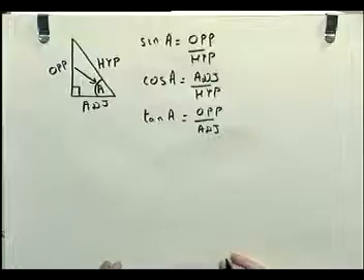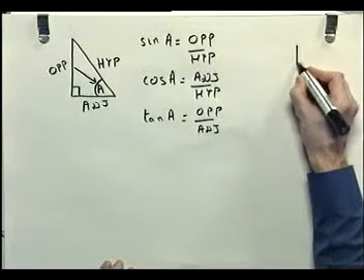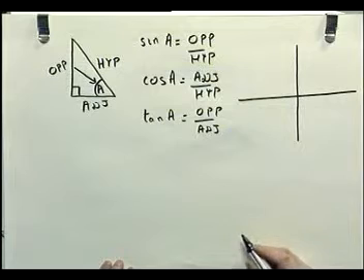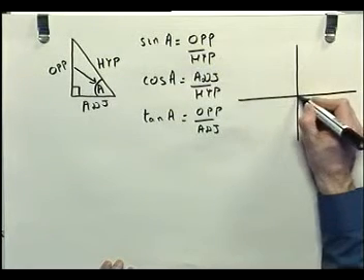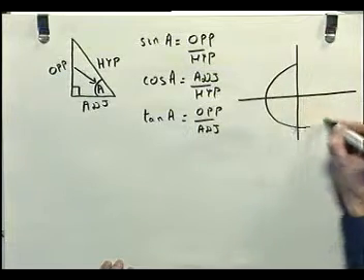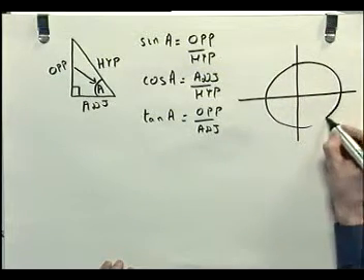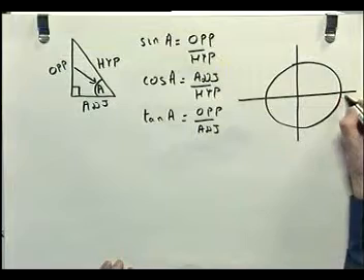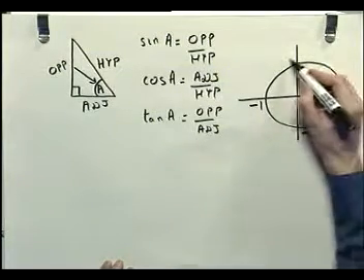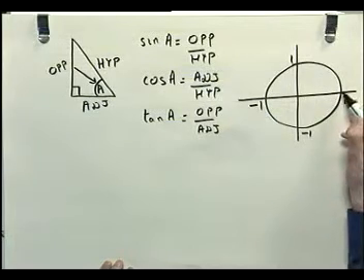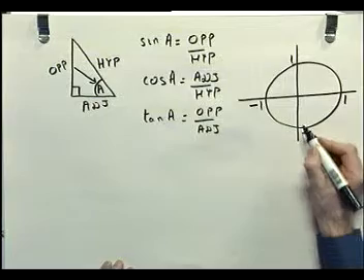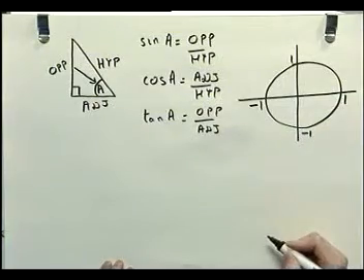So first of all, let's just have a look at angles. I've got a set of axes there, and based upon the origin, let me draw roughly a unit circle. A circle of radius 1 unit, so that where it crosses these axes, x is 1, y is 1, x is minus 1, y is minus 1 there.